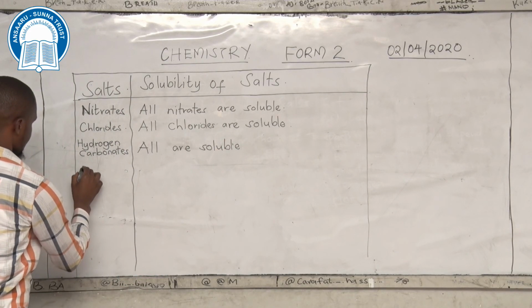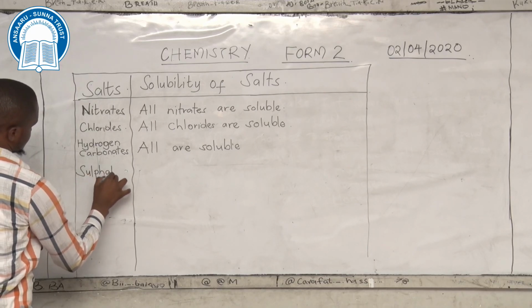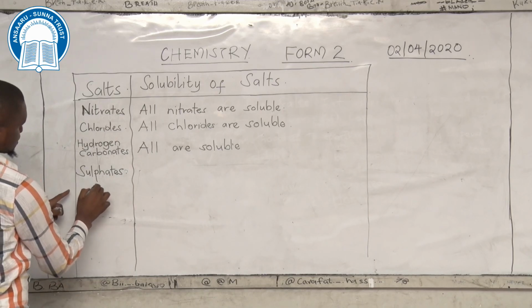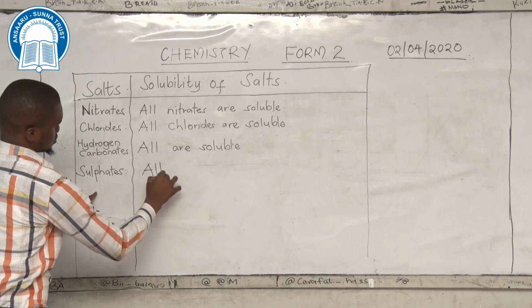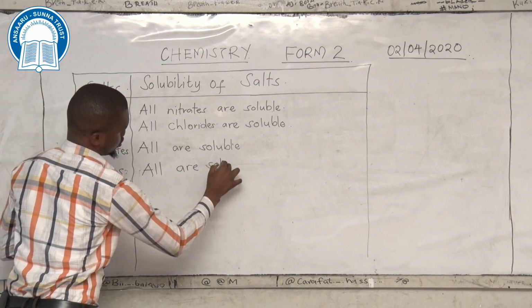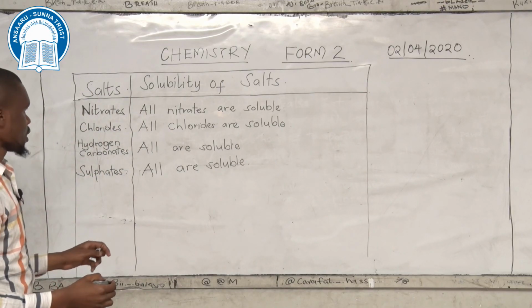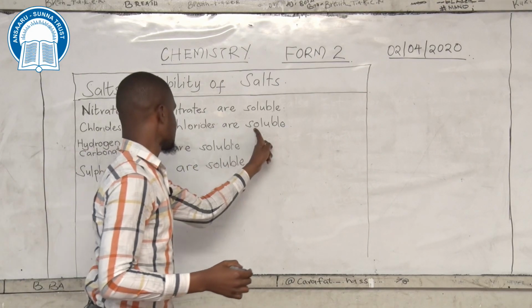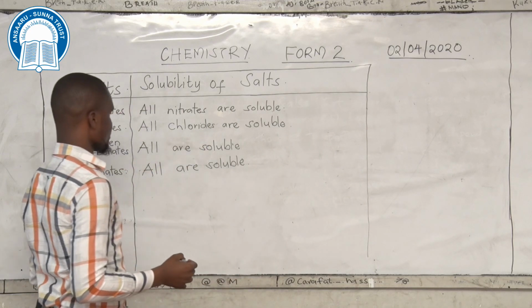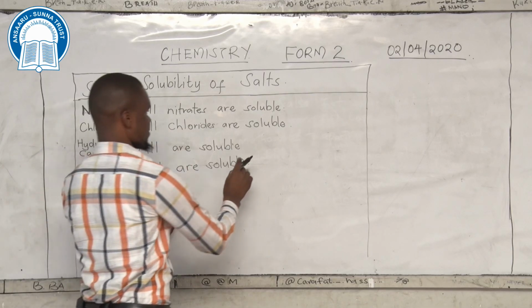We'll also jump to sulfates, and all sulfates are soluble. Now, for chlorides and sulfates, yes, all are soluble, but there are some exemptions.